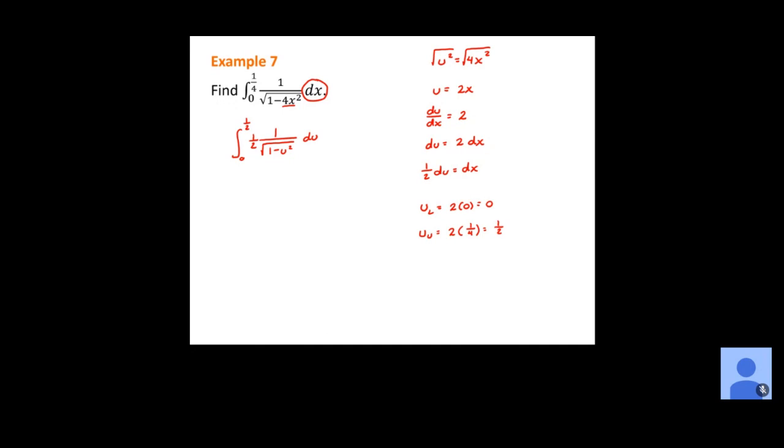All right. Now that I have my new limits of integration, what's the antiderivative going to be for what we have inside here now?